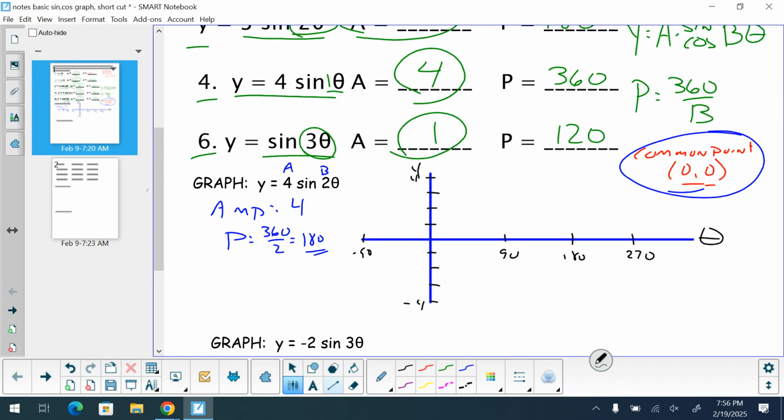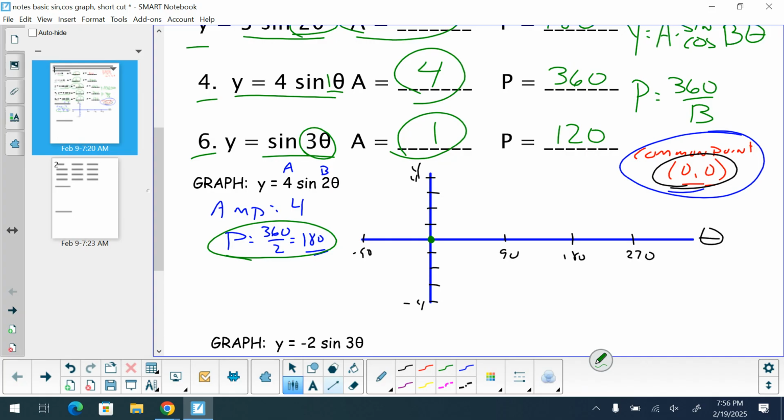if we take a look at our graph, we have to go back and utilize our ideas of definitions. We have this common point, which I'm going to call my starting point, as 0, 0. The definition of a period is the number of degrees in the cycle.